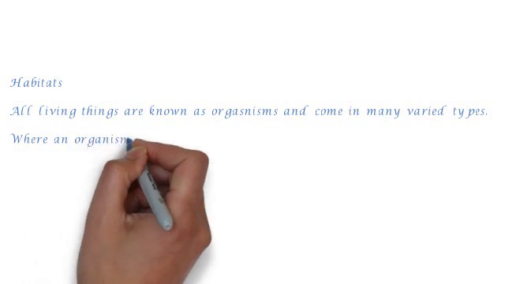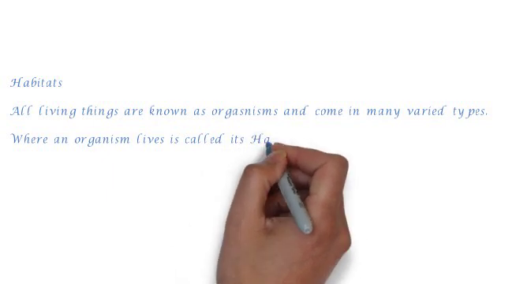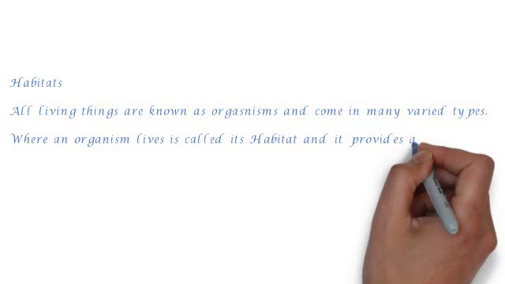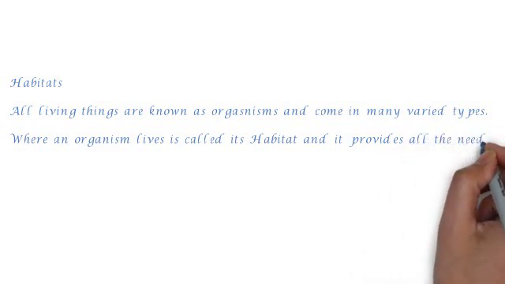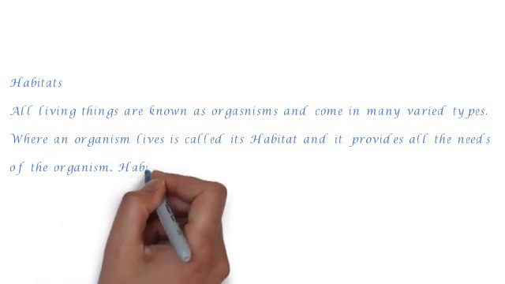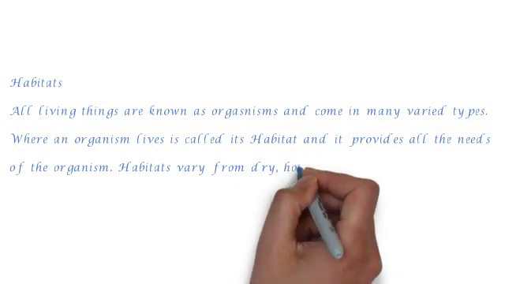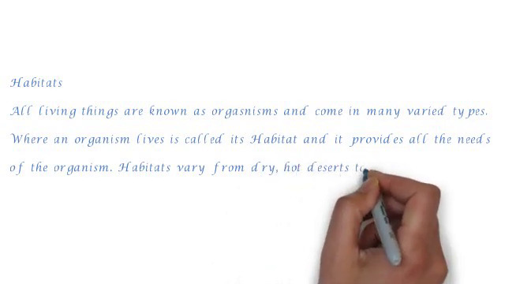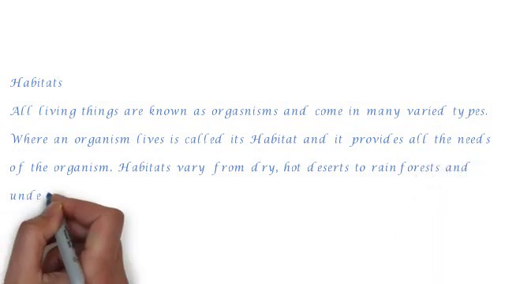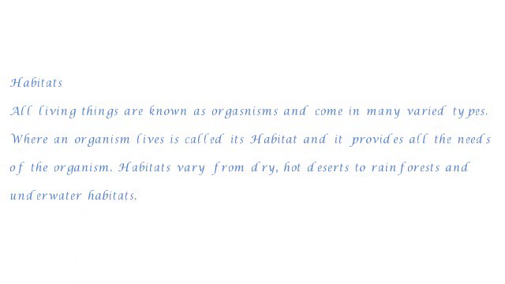Where an organism lives is called its habitat, and its habitat provides all the needs of the organism: food, shelter, friends, and so on. Habitats vary from dry, hot, desert climates to rainforest, and then through to underwater habitats.